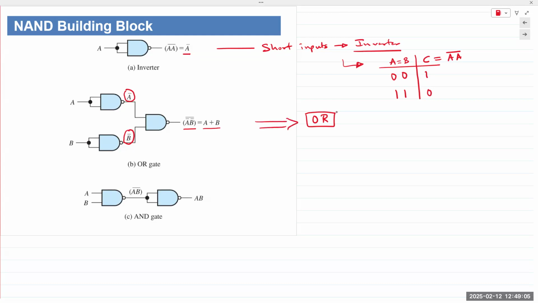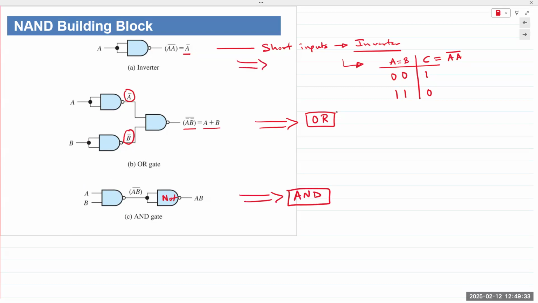And you can do the same for this one too. And then of course, creating an AND gate would be rather straightforward. You simply take a NAND gate and you feed it into the NOT version of the NAND gate. So the output is simply A and B. So you can implement all 3 gates.